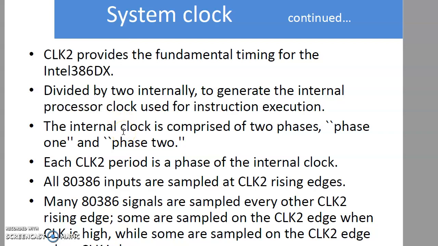Internal clock is comprised of two phases, phase 1 and phase 2. So one machine cycle has two bus states, bus state 1 and bus state 2. One bus state has two system clock cycles, and one bus state has one processor clock cycle rather.